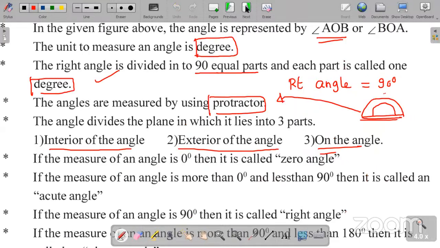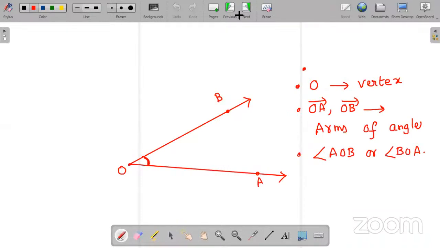Next, we need to discuss this. Angle AOB divides the plane. You shade this part.